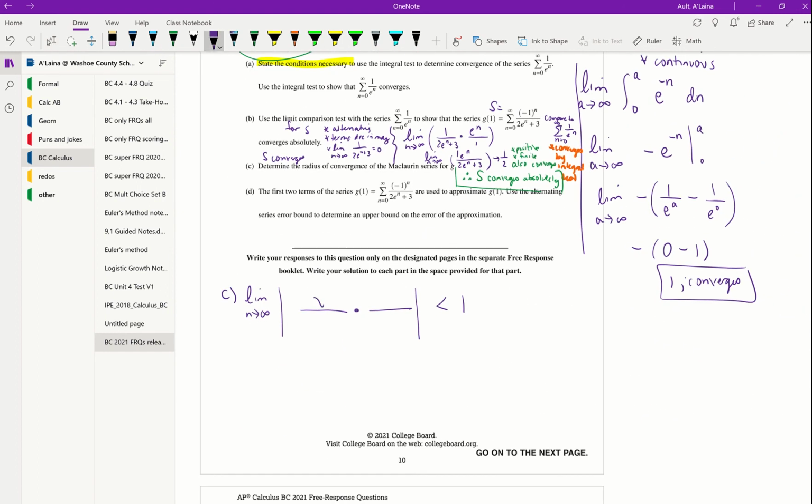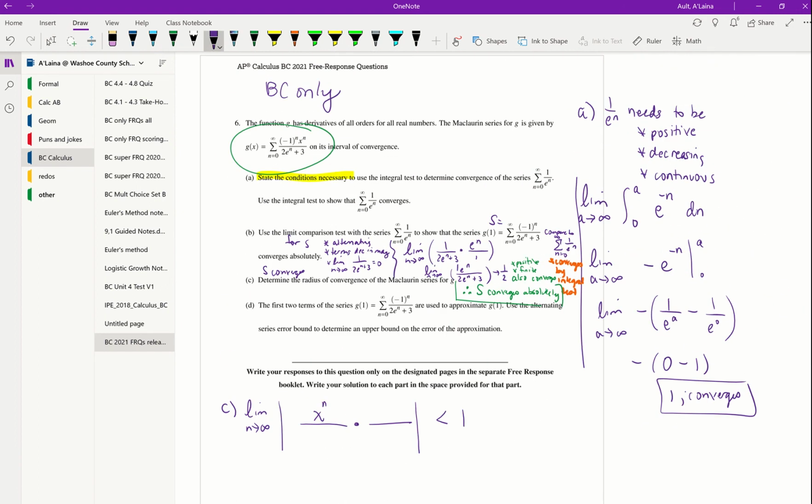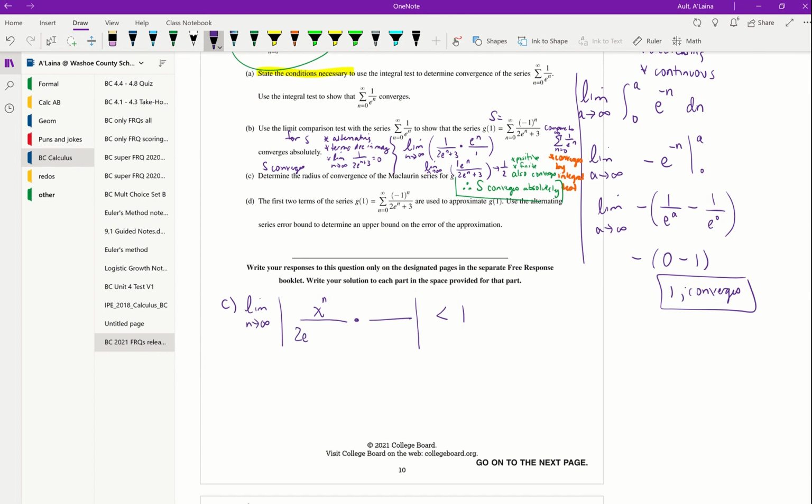So I'll have x to the n over 2e to the n plus 3. And then I want to divide this by n plus 1. Oops, sorry. I start off with n plus 1. Let's fix that. And then I divide it by the original expression. So I'll multiply by the reciprocal of the original expression.